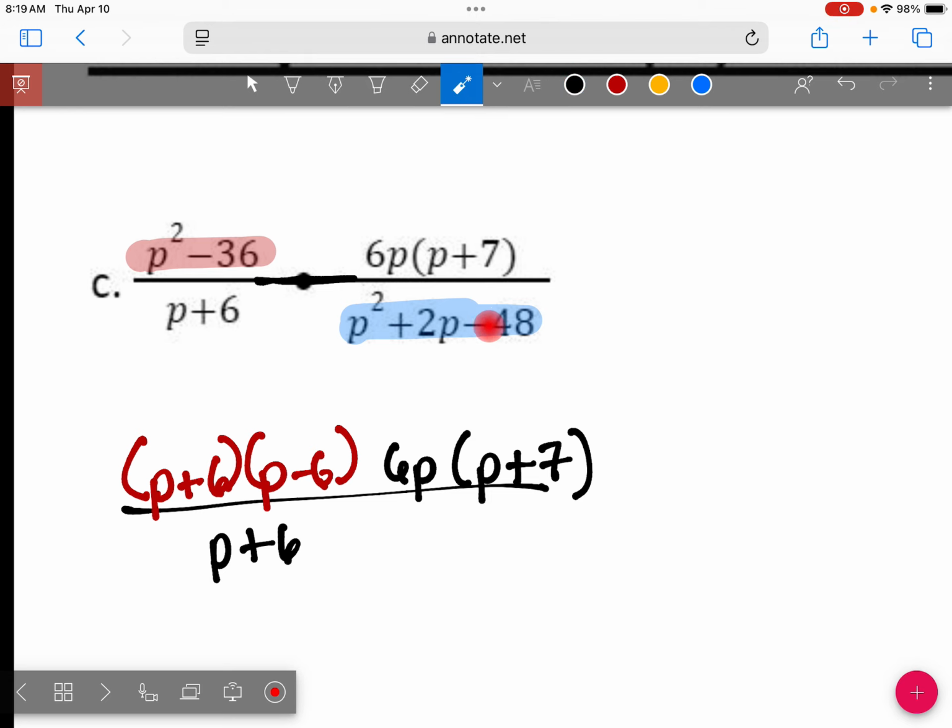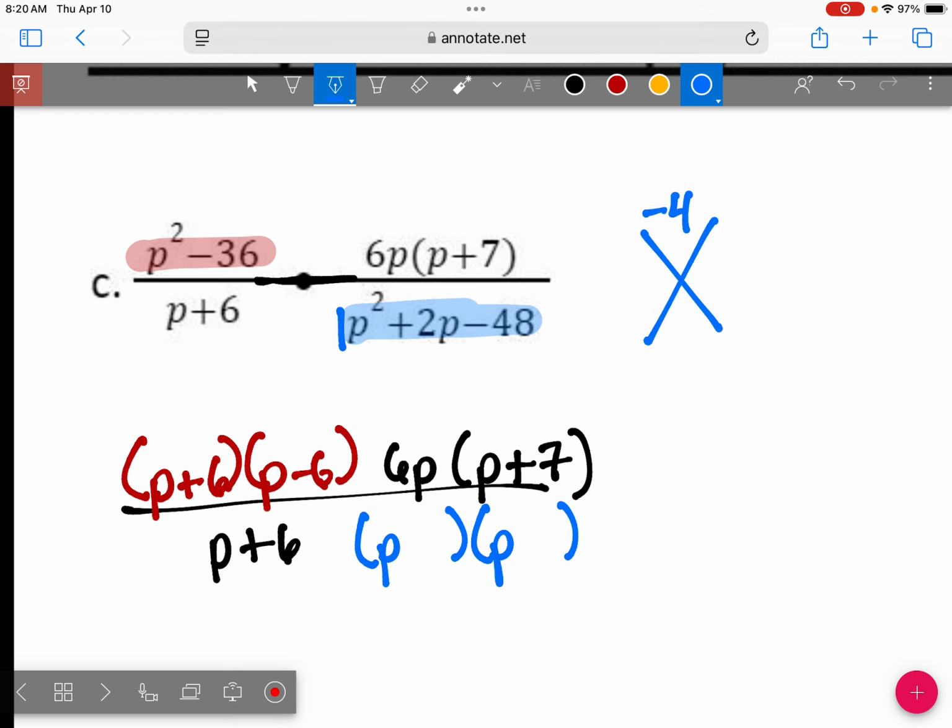But this can factor. So I'm going to make my two parentheses. Because a is 1, I can do a shortcut. But I need to find my two numbers that multiply to be negative 48 and add to a positive 2. So take out your charts if you need to. Try to find those numbers.